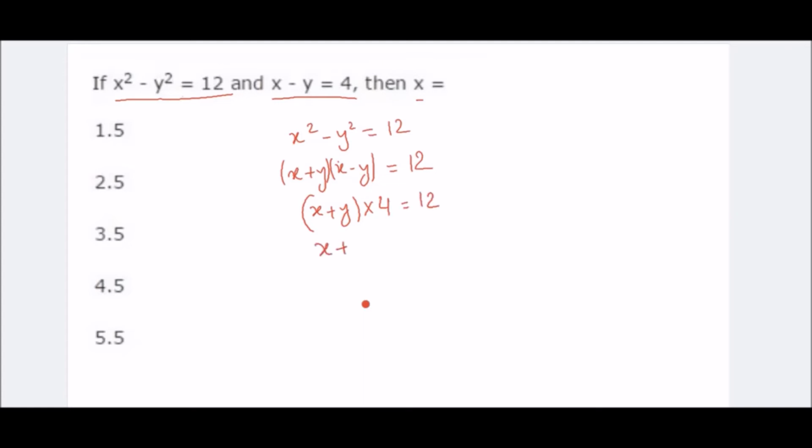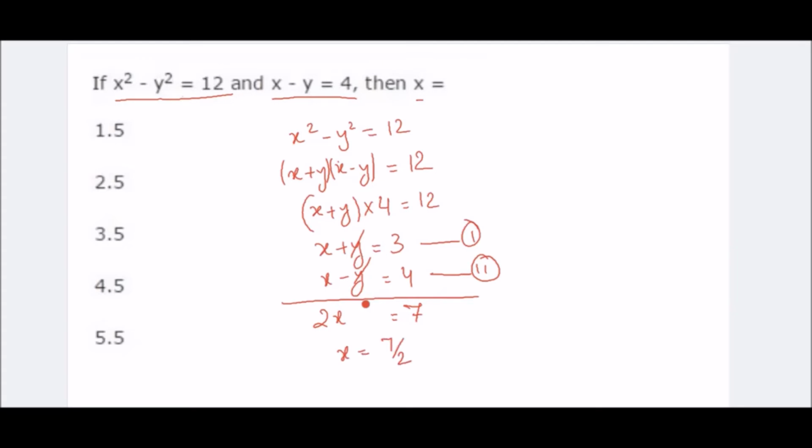That's why x plus y will be 3. So here is our equation, and x minus y is equal to 4, our second equation. When we solve this, y is going to be cancelled and x becomes 2x, and that will become 7. So x will be 7 by 2, and that will be 3.5. Our answer is the third option.